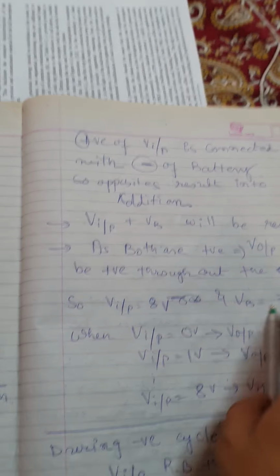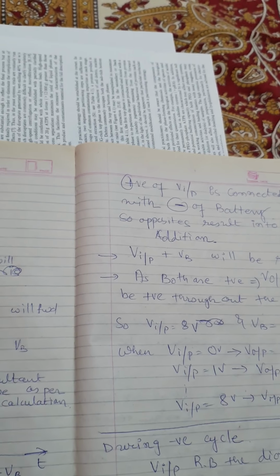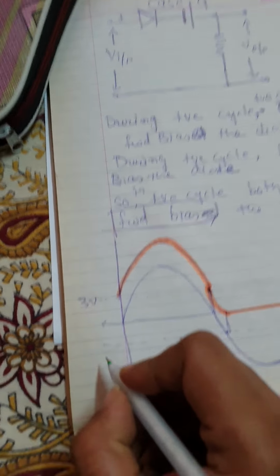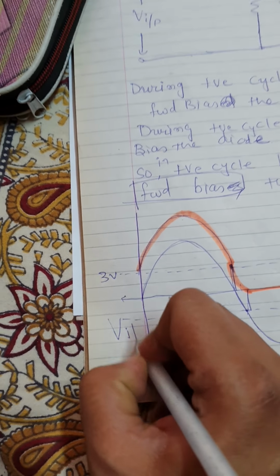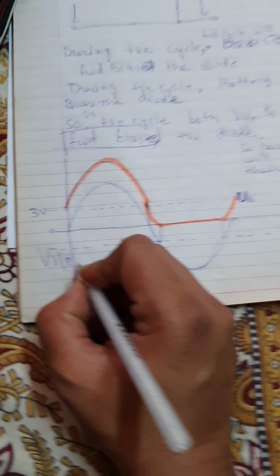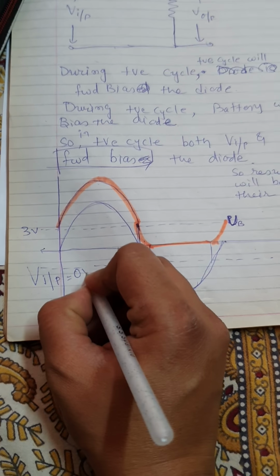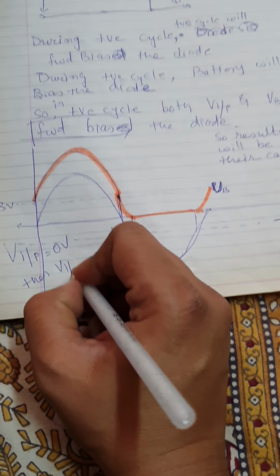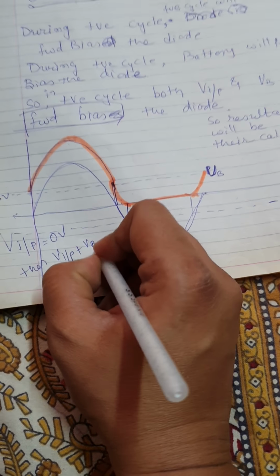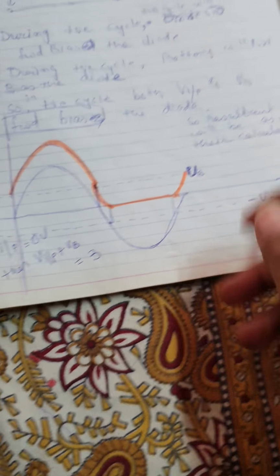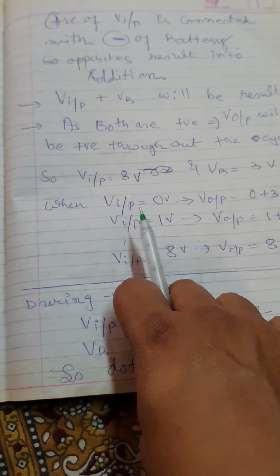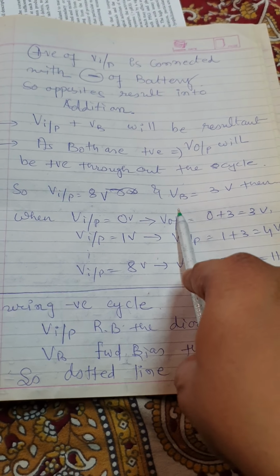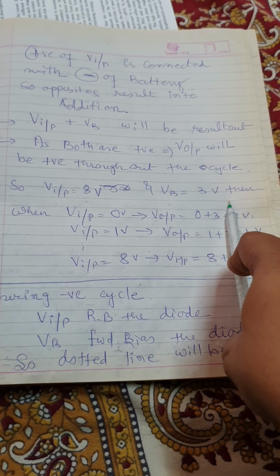Suppose, for example, V input is 0 volt, then V input plus VB will be equal to 3 volt. Suppose the peak of V input is 8 volt and VB is 3 volt, which is not going to change.